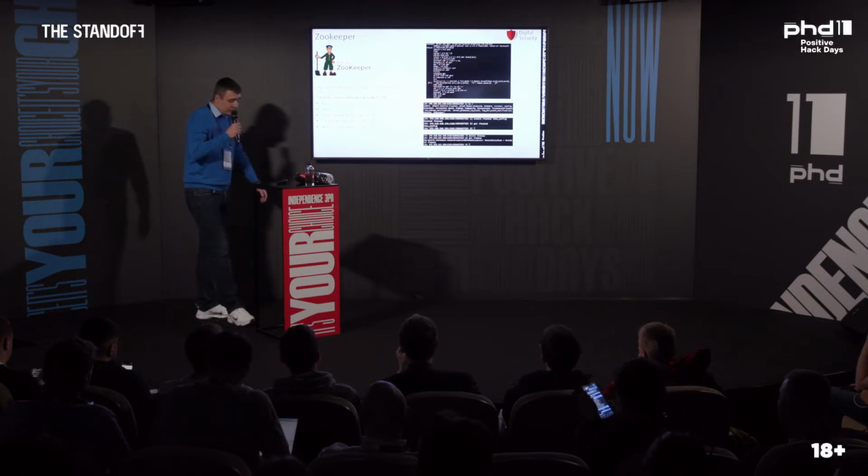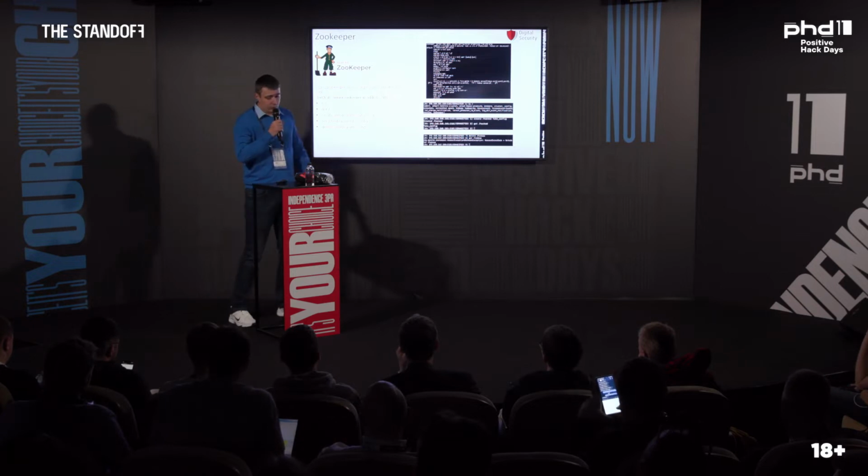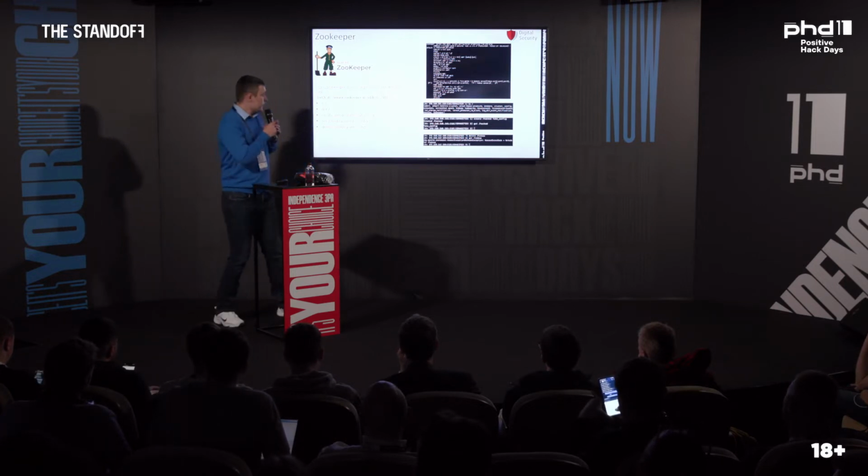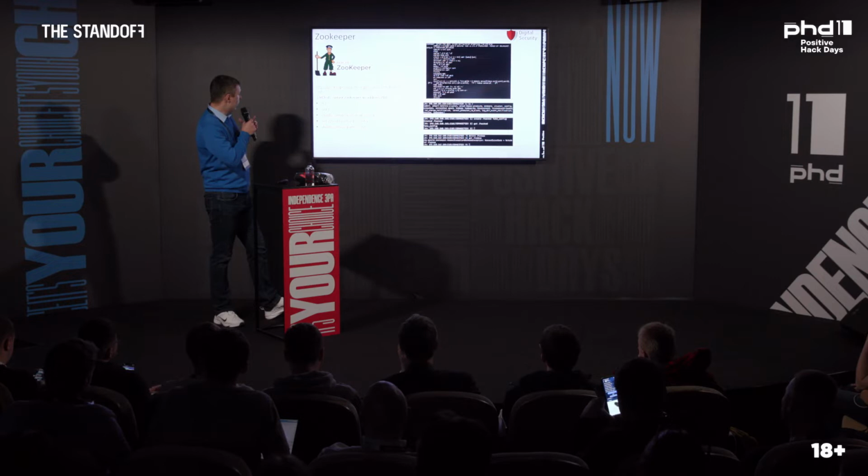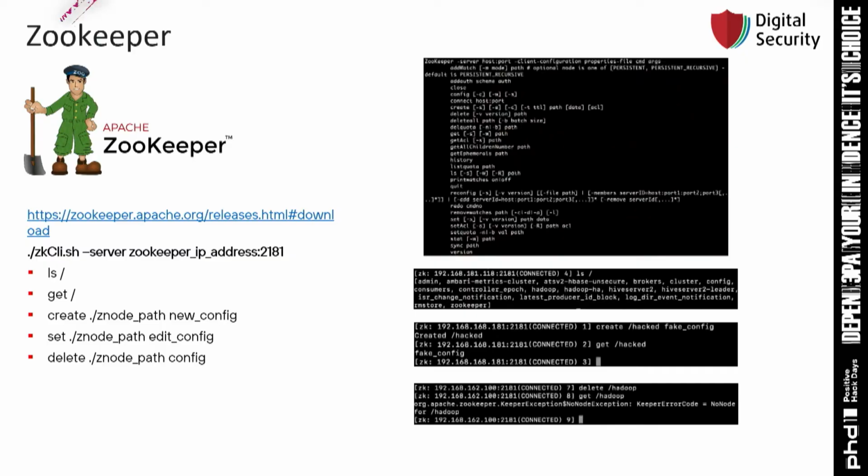We are done with Hadoop, and would like to say a few words about Zookeeper, the management layer for cluster configuration. Here it's a console solution. You can connect to it with the Zookeeper CLI. Here's the link by which you can download it, and port 2181, that's where Zookeeper sits and listens.